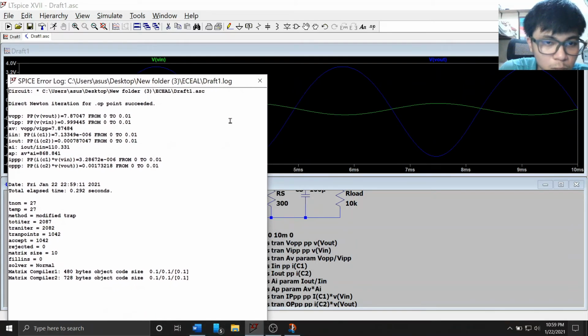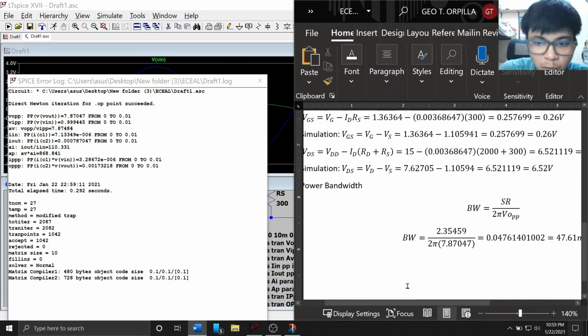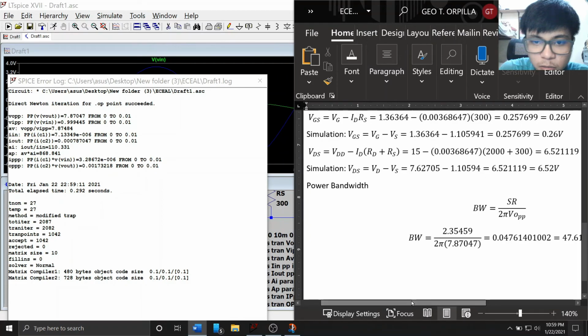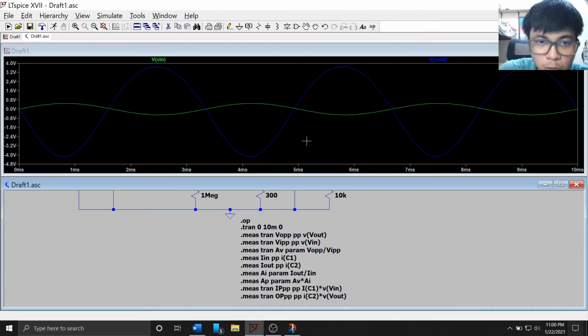So let's proceed to the measurement of the power bandwidth. I have here the equation for the power bandwidth, which is the SR, or the slope, all over 2 pi output voltage peak-to-peak.